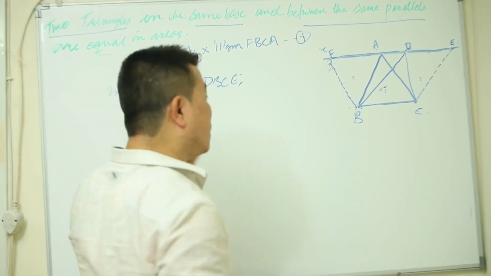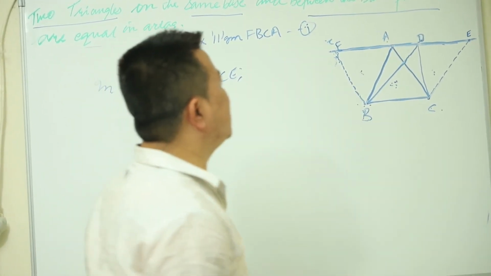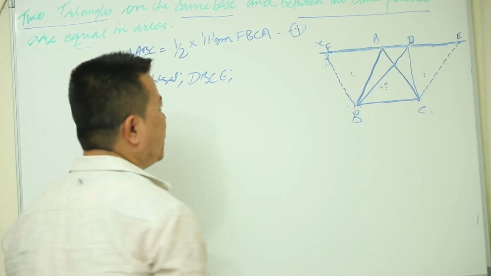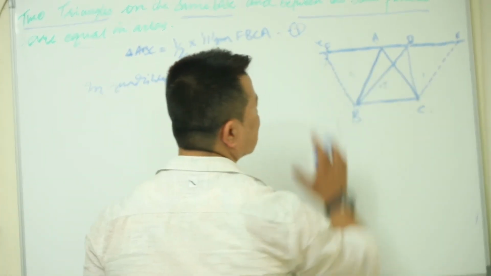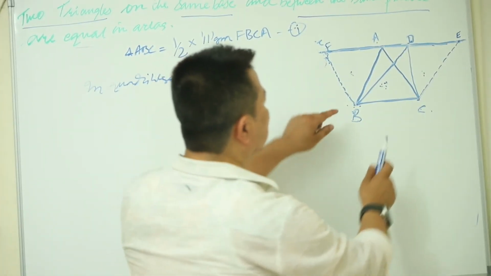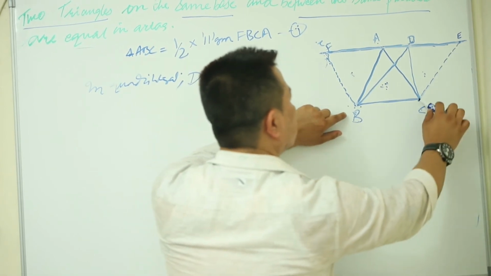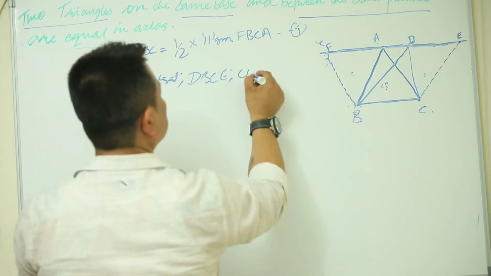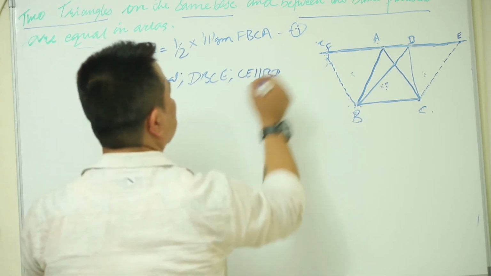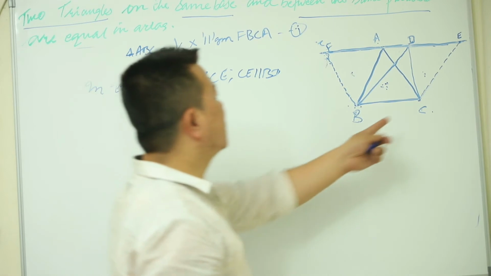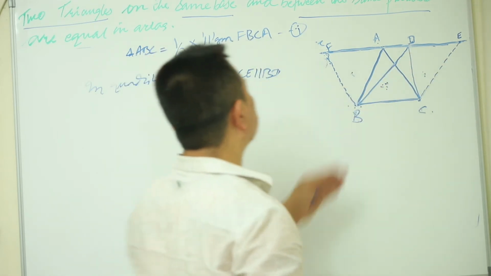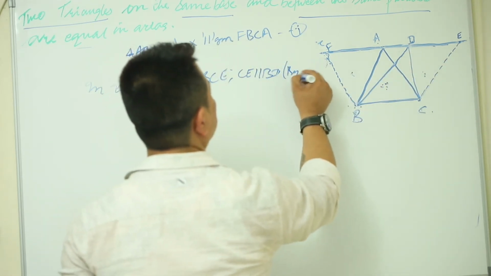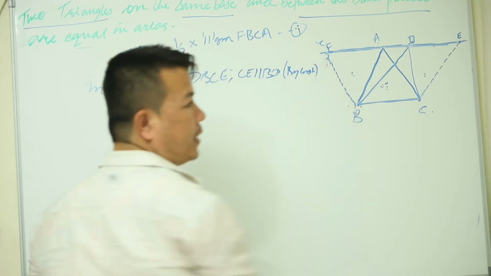In this quadrilateral, again you need to prove DBCE is a parallelogram, but it is easy to prove, like we proved before. So what can you write here? CE is parallel to BD, and that is very obvious, by construction.